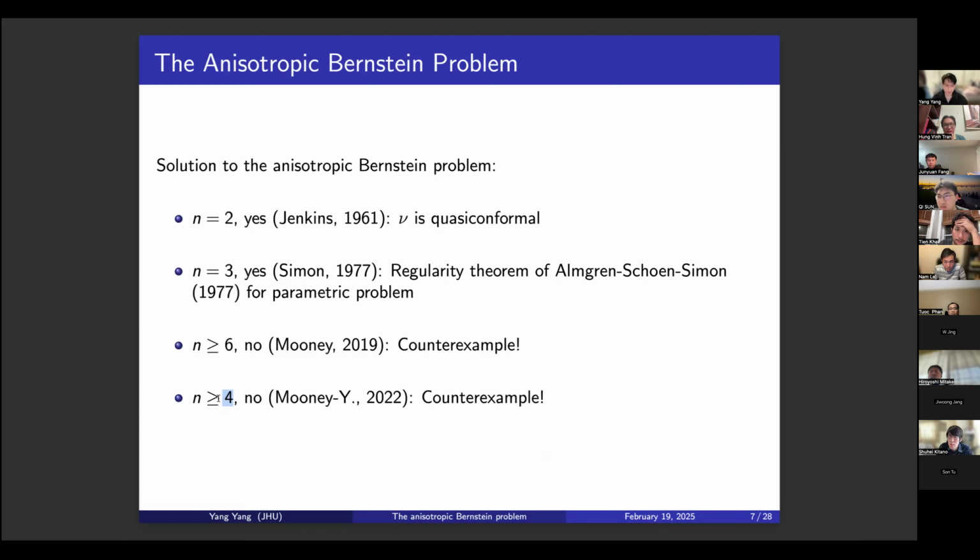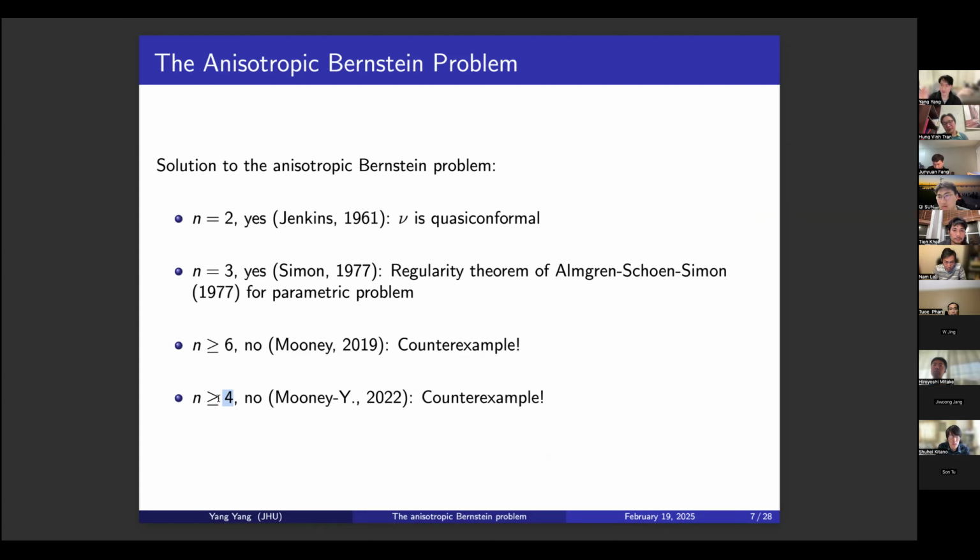It says that if you have a minimal map from B1 in R2 to any codimension, meaning the graph solves the minimal surface system, and we assume that u is Lipschitz, then it has to be smooth, as Mooney showed, but it's just in two dimensions.